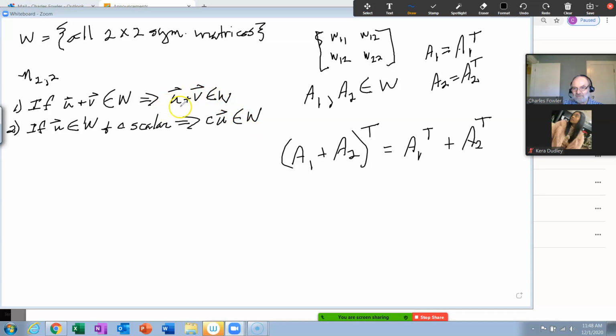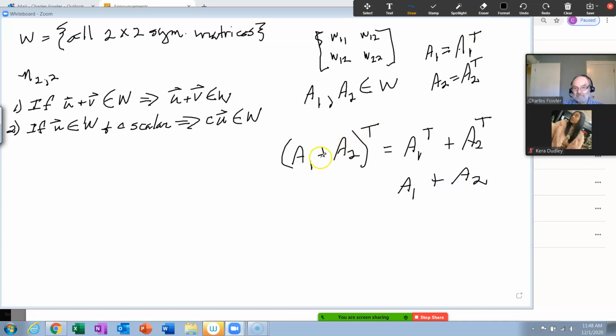The transpose of A1 is the same as A1, and the transpose of A2 is the same as A2 from up here.